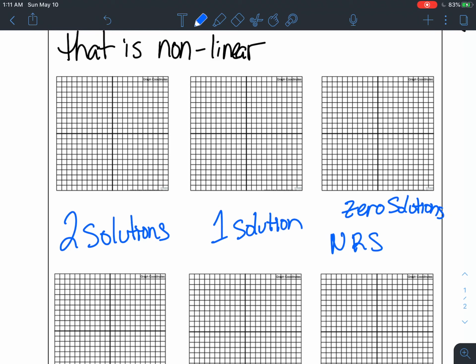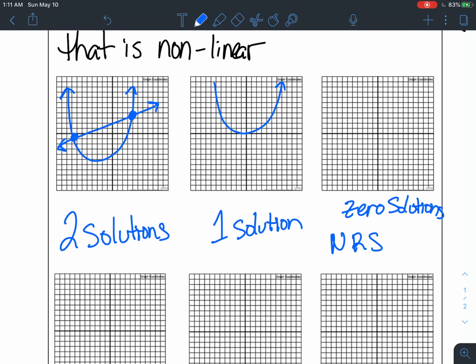There's a ton of different ways this could happen when graphing. It doesn't really matter where your parabola is, but your parabola and your line are going to intersect at 2 points. That's the most common one, just like having 2 x-intercepts was the most common. Having 2 solutions is the most common.